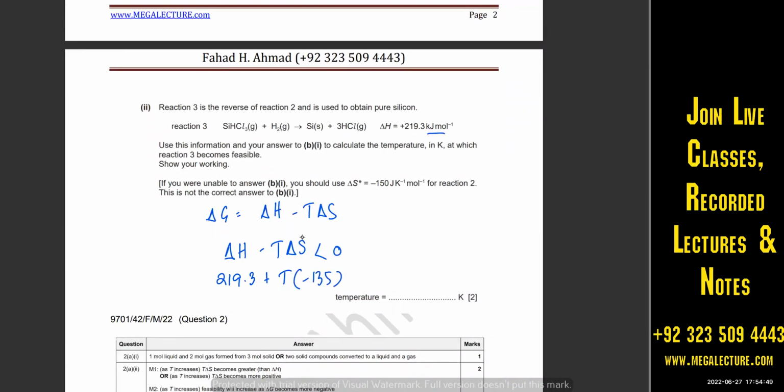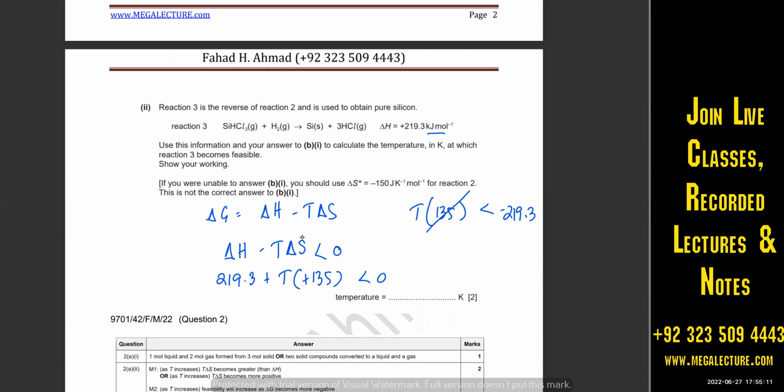So this thing actually becomes positive, and this is less than 0. So that means, what does that mean? It means that T times 135 is less than minus 219.3.